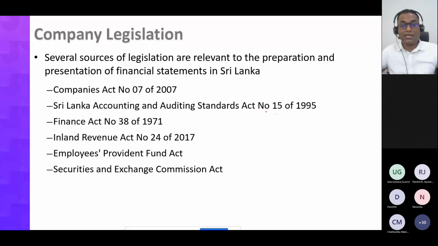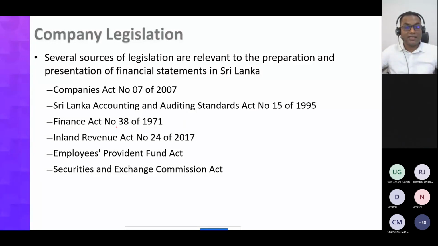This particular act mentions that CA Sri Lanka is the sole authority to issue Sri Lanka accounting standards and the Sri Lanka auditing standards. Also this act identified specified business entities, which are required to prepare their financial statements using the accounting standards published by CA Sri Lanka.